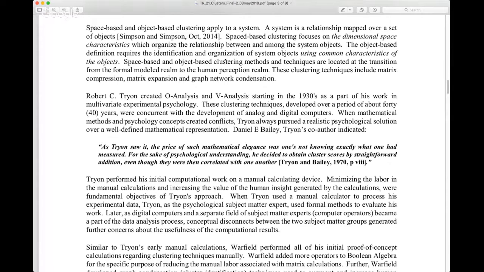One of the fellows who worked with him said, as Tryon saw it, the price of such mathematical elegance is one's not knowing exactly what one had measured. And for the sake of psychological understanding, he decided to obtain cluster scores by straightforward addition, even though they were then correlated with one another.